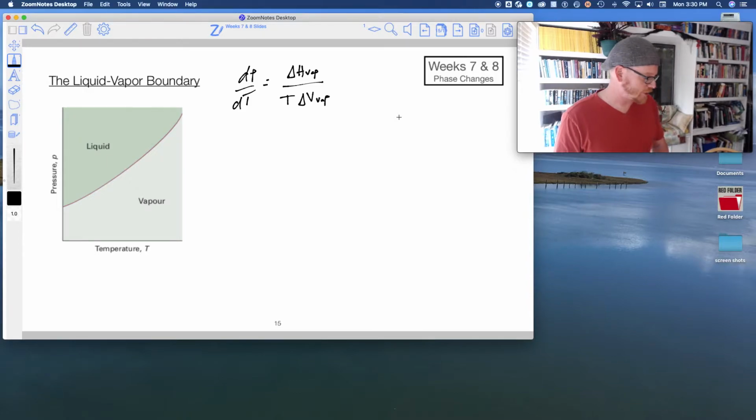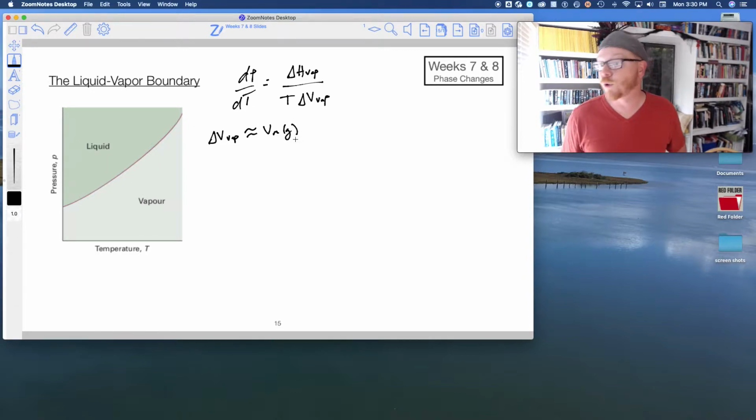And now, as it turns out, the delta V of vaporization basically equals the molar volume of our gas.